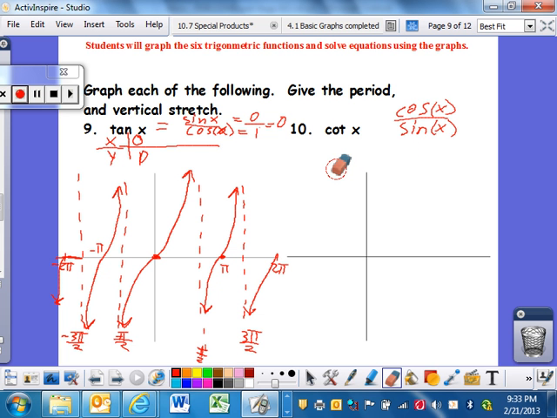So we're actually going to be looking at where sine is equal to 0, not cosine. So sine starts at 0. We're going to just extend out to our period. Whoops. Seems like I've mirrored the image.